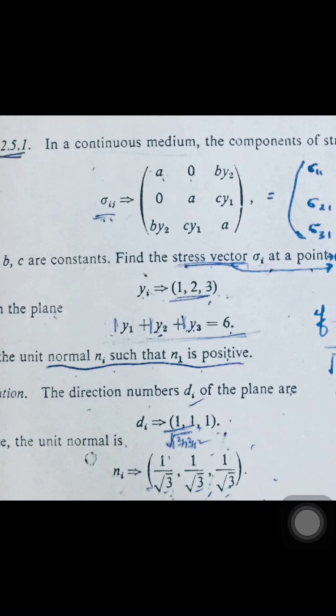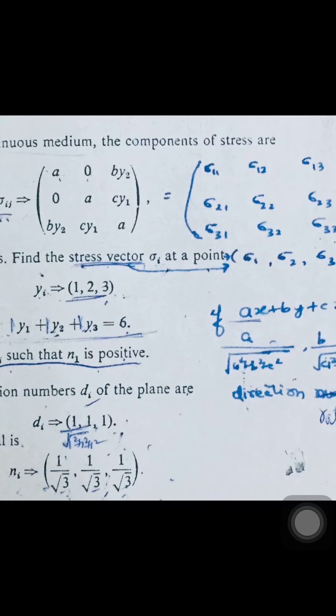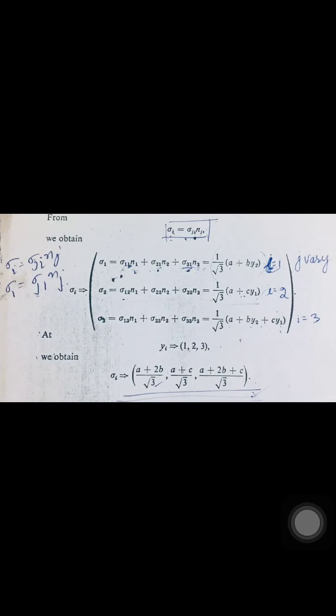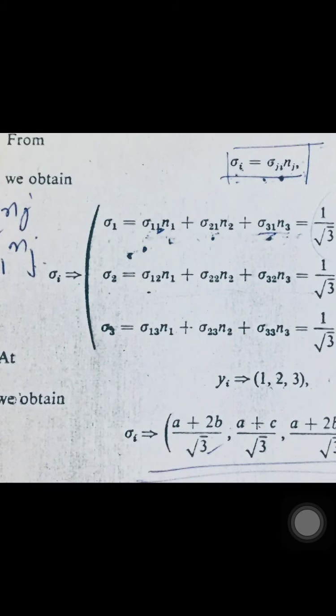Now, using the formula written in blue ink, we know sigma I is nothing but sigma ji nj. Opening this with the given values of ij for 1 2 3, we have three components sigma 1, sigma 2, sigma 3, three vectors along y1, y2, y3.